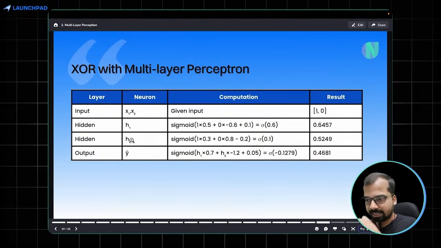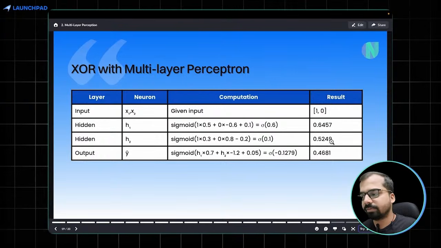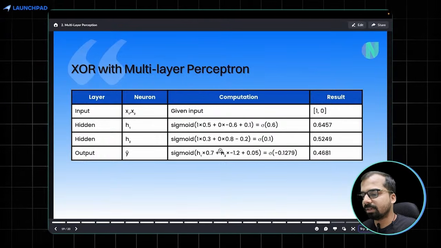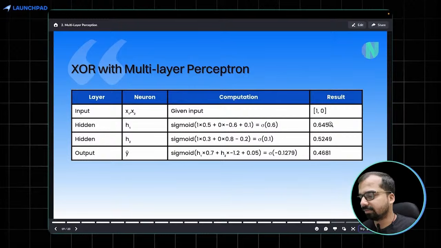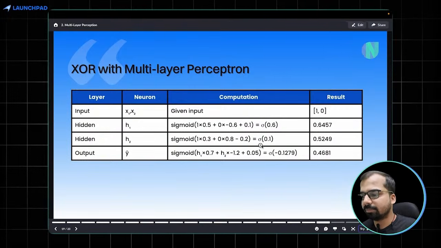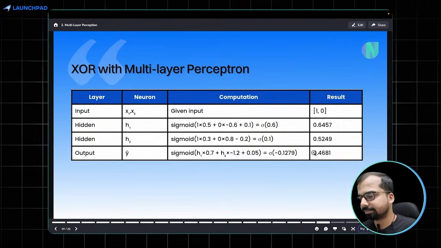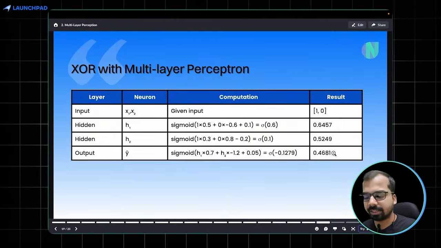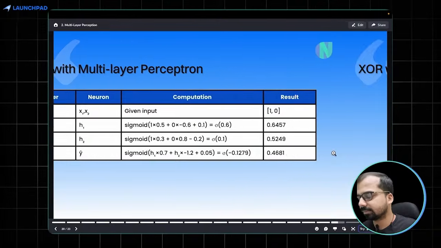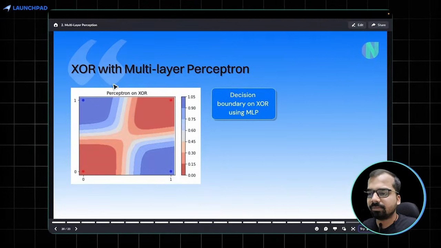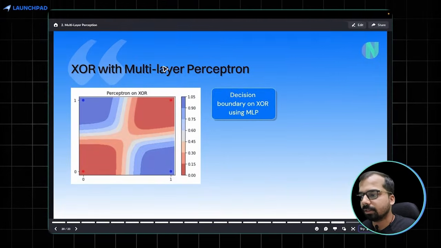Same thing we will do for H2. We got some value 0.52. And 0.64 and 0.52 will again be passed to my sigmoid layer, and finally we'll get some final value, right?